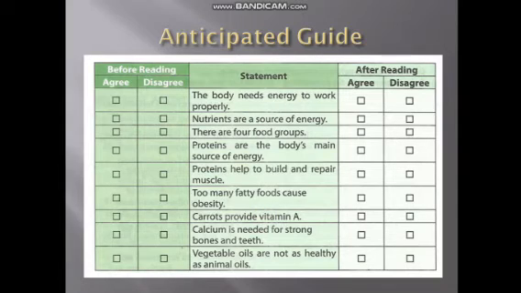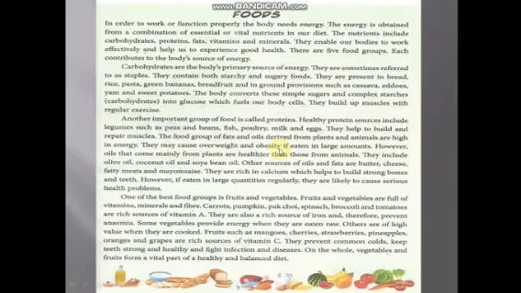Now, carrots provide vitamin A, and I indeed agree with that statement. So let us see if that's so. Where was I? All right, so I'm right here. They may cause overweight and obesity if eaten in large amounts.